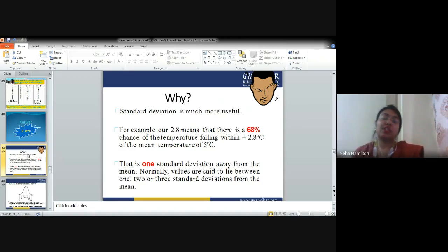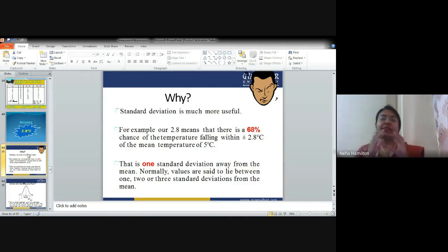For example, our 2.8 means there is a 68% chance of the temperature falling within plus minus 2.8 degrees Celsius of the mean temperature of 5 degrees Celsius. So, what does the standard deviation mean? There is a 68% chance that the temperature is going to deviate by 2.8 degrees Celsius from the mean of 5 degrees Celsius, right?